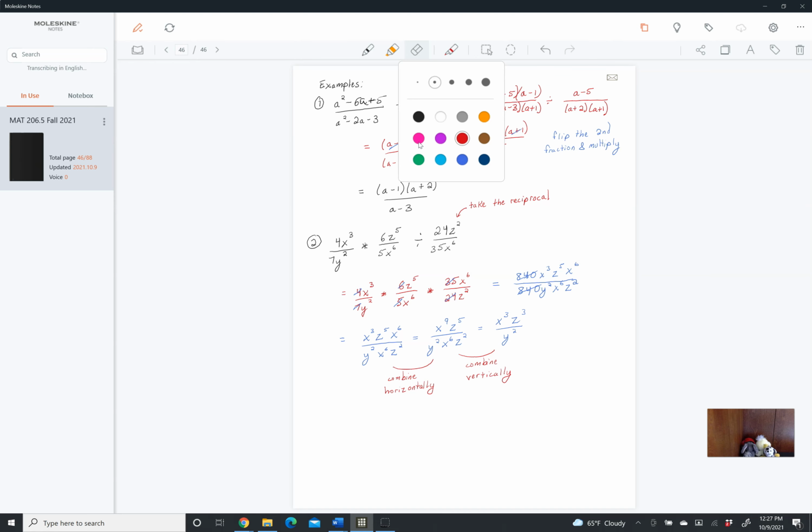Okay, you just multiply the constants. But you can try reducing first.